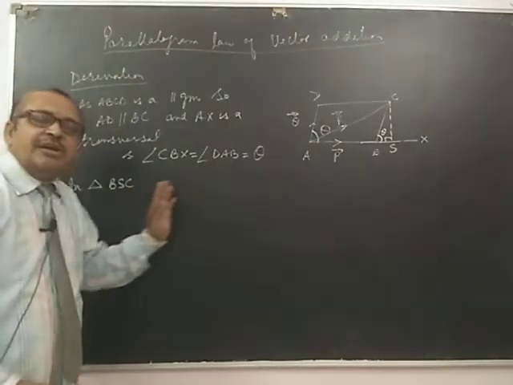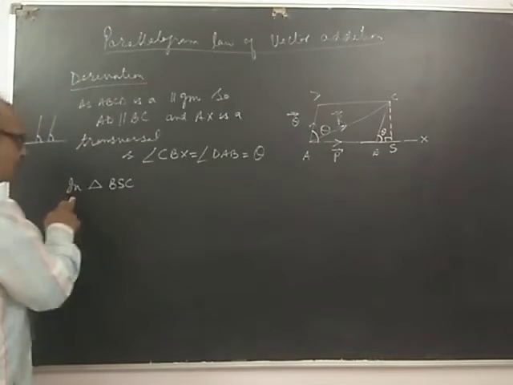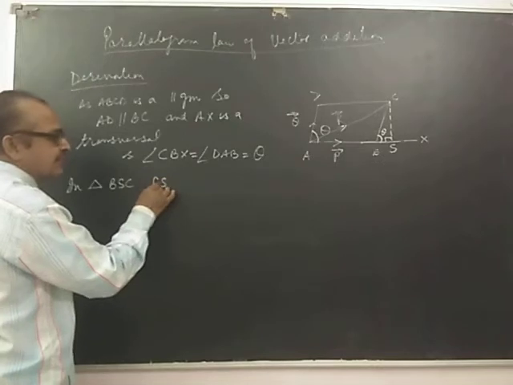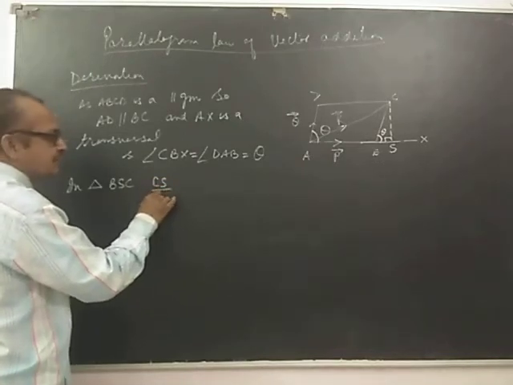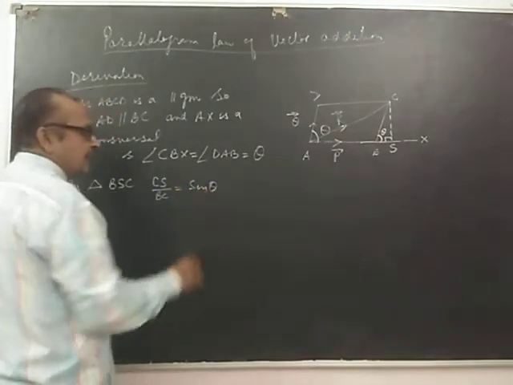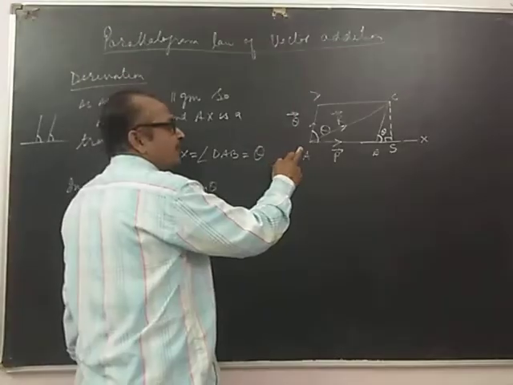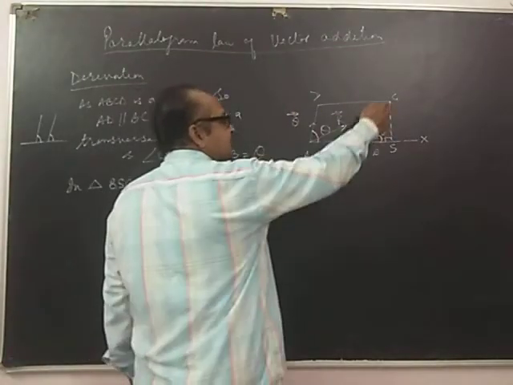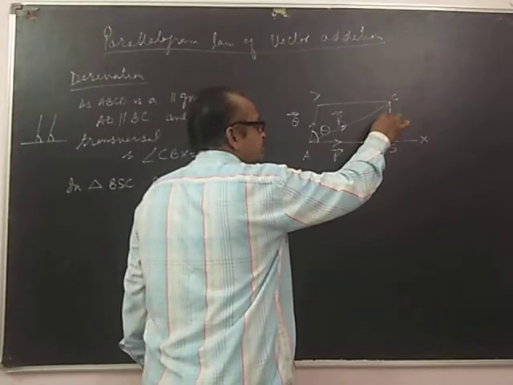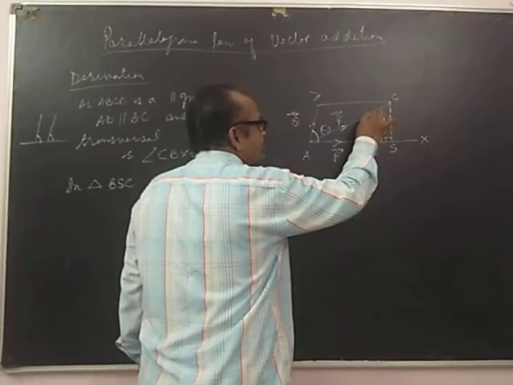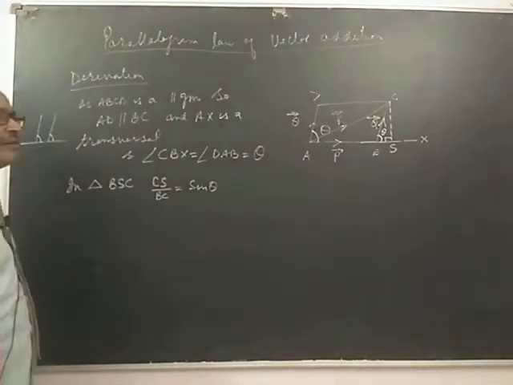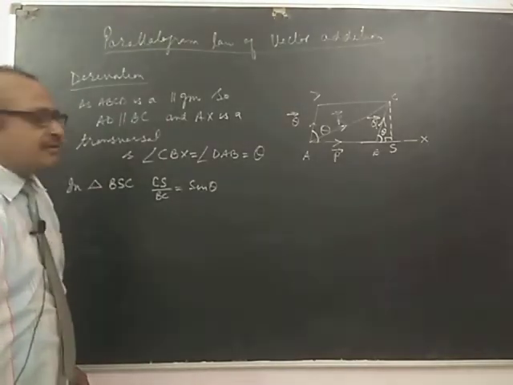So I am just straight away doing it. So just follow. So in triangle BSC, I can have CS over BC is equal to sine of theta. And one more thing, this is a parallelogram, obviously AD will be equal to BC. So BC is also my vector Q. Is it clear? So BC is also equal to vector Q.